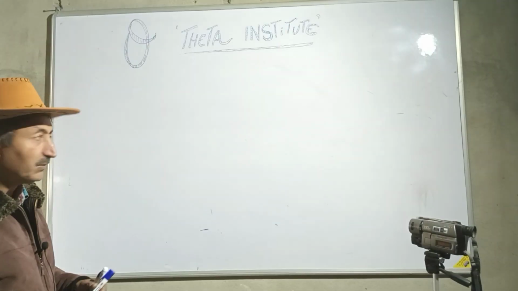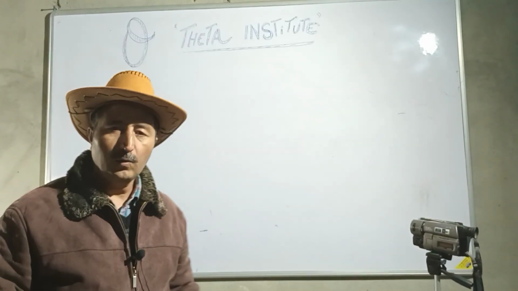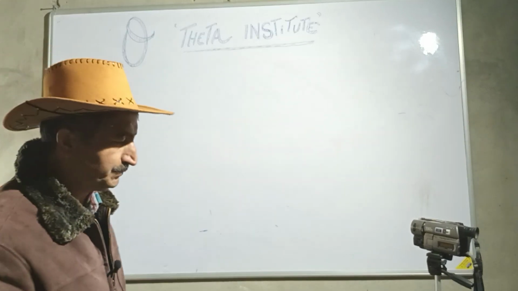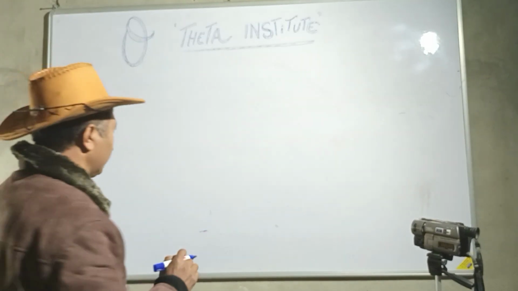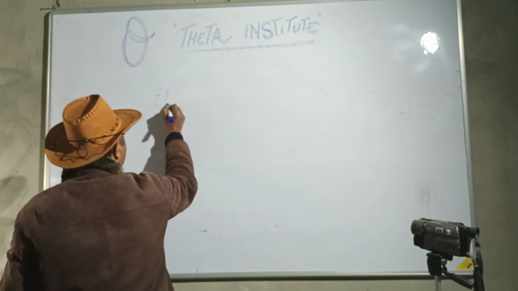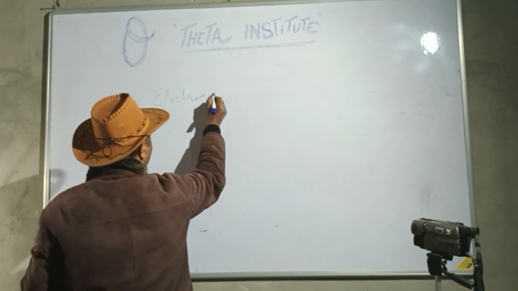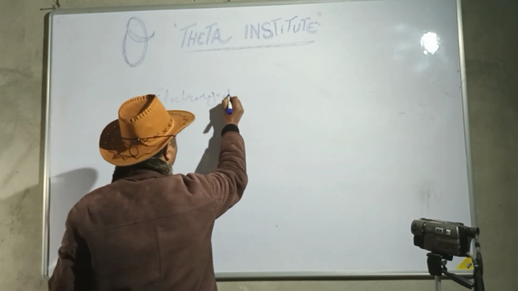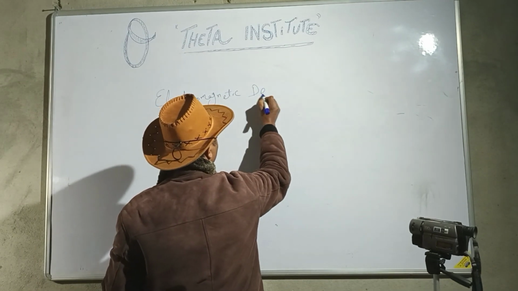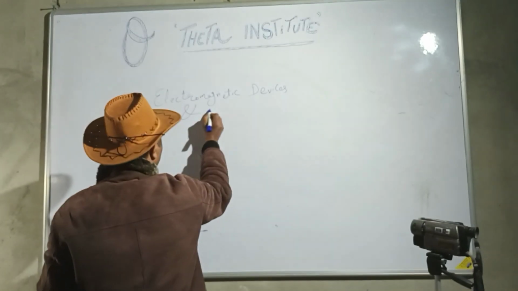Now, how to make the waves travel in space? It needs an oscillator. Chapter is electromagnetic devices and circuits.